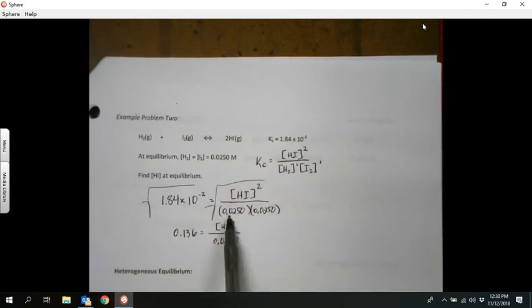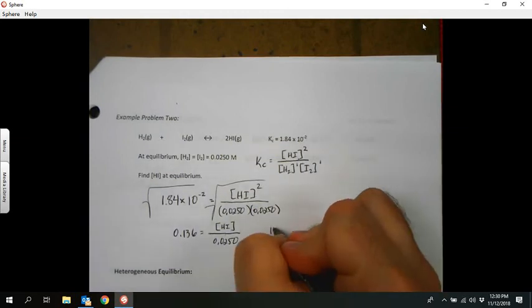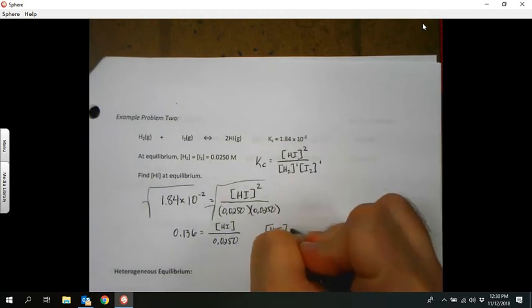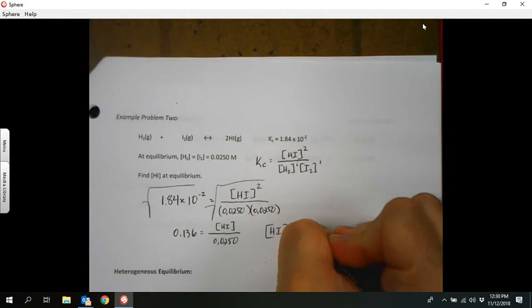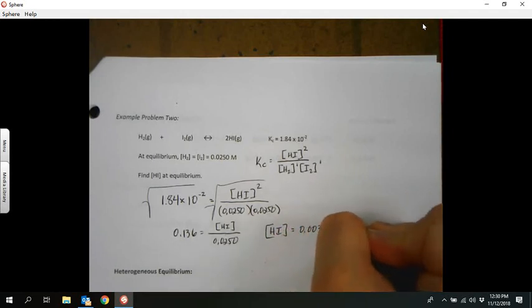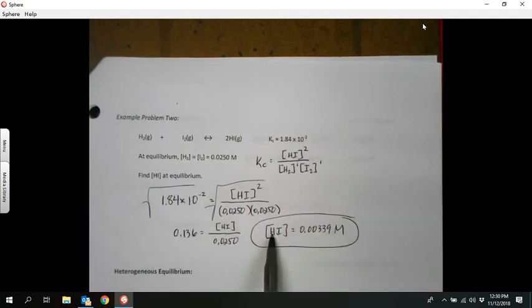Down here in the bottom, this is the same as 0.0250 quantity squared. So if I take the square root of that, I can just cancel one of those out. And now just multiply these two together, and I get HI's concentration to equal 0.00339 molar. Make sure if you're dealing with concentrations that you have the unit of molar on the end.